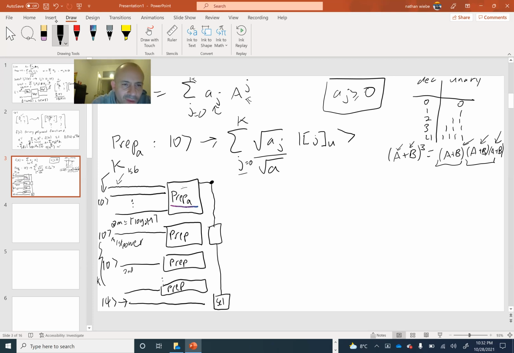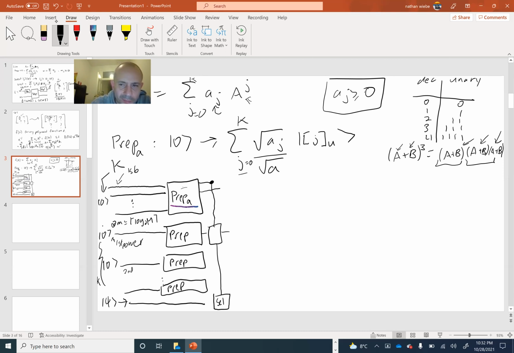Now, I've used a notation where I'm drawing a box to represent some of the inputs. So basically what this is saying is that the select operation is going to take as input this register to store the superpositions of the j's that it's selecting off of, and its target is going to be down here at psi.